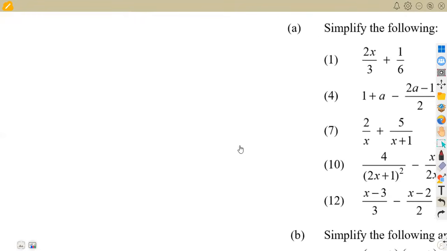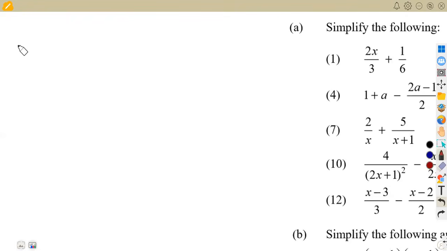Let us take a closer look. Let's say we are given two fractions to be added or to be subtracted, or there are three, or four, or five, no matter how many fractions there are. Like on the first question, we are given to add 2x over 3 plus 1 over 6.